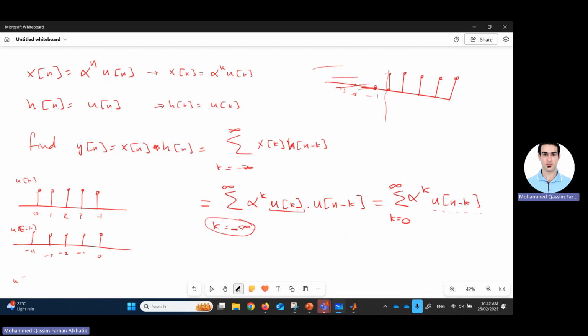Now, u of n minus k will be shifted: at n minus 1, n minus 2, n minus 3, and so on. So this sequence will have values all the way up to n. This will lead the summation to be the summation from k equals 0 to n of alpha to the power k, and that's going to be y of n.